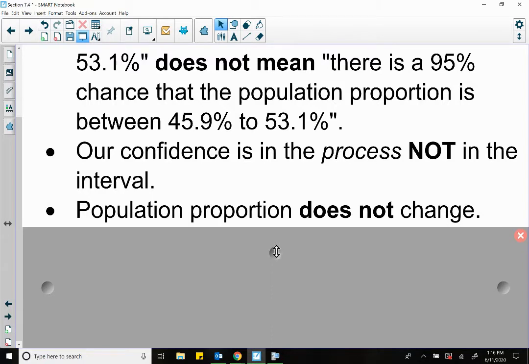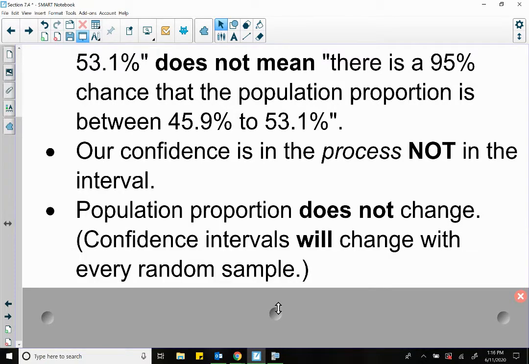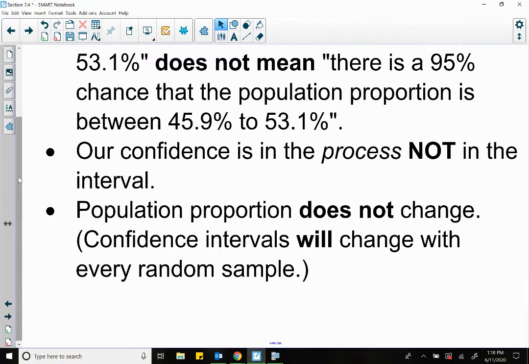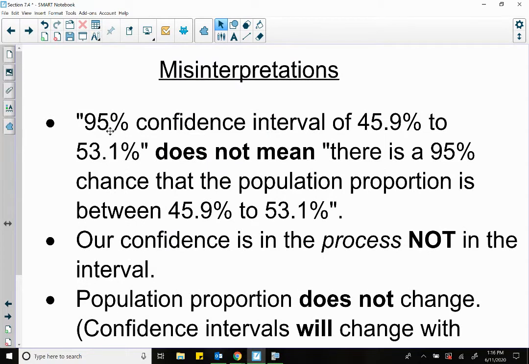And again, the population proportion does not change. Confidence intervals will change with every random sample. So please know that this 95% level is about the success of our method. Our method is 95% successful every time to produce an interval that has the population proportion in it. That's what that really means. It doesn't mean that there's a 95% chance the population proportion is in here.